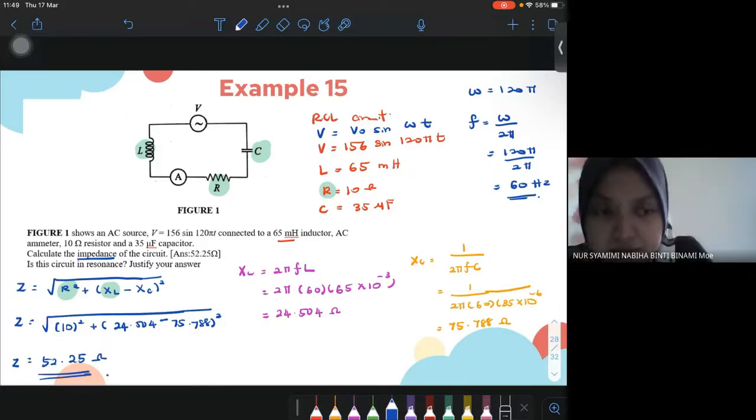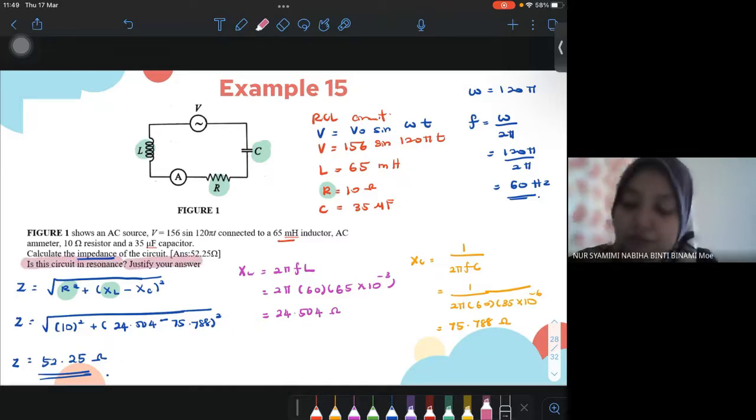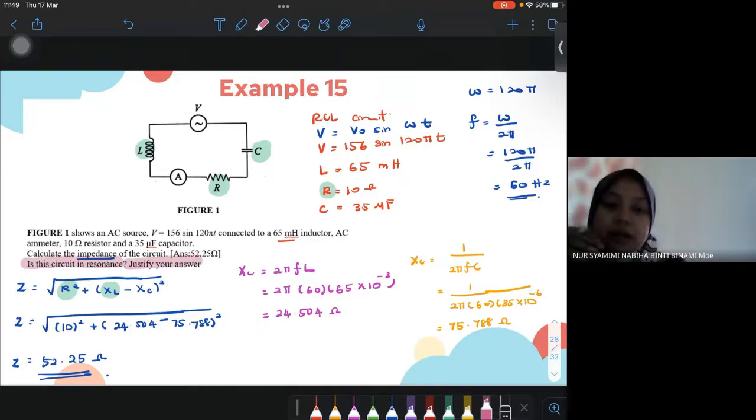Okay, soalan tak habis lagi, dia kata, is this circuit resonance? Adakah circuit ini resonant? Justify your answer. Yes or no?